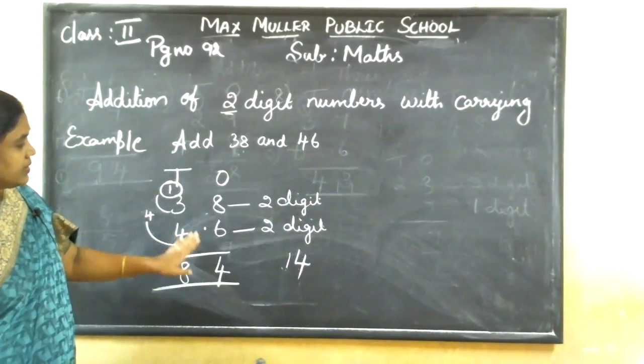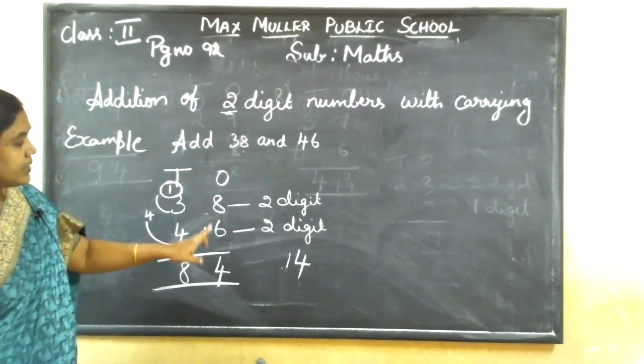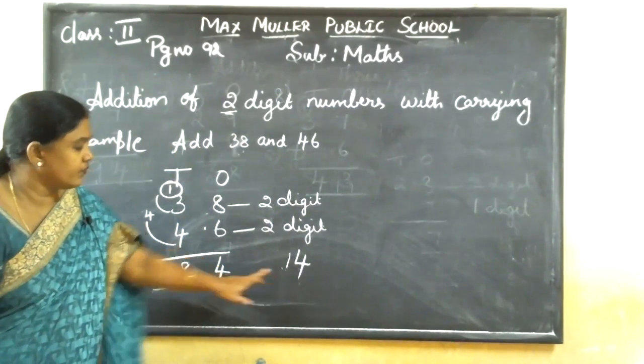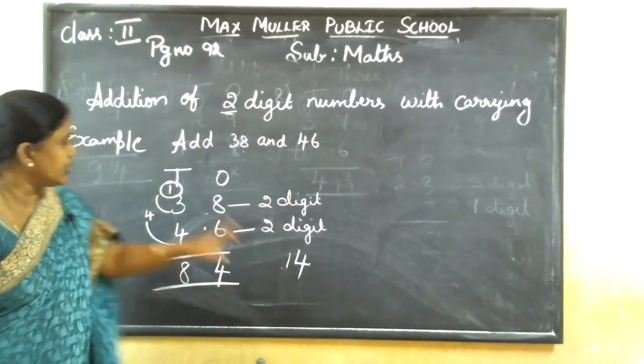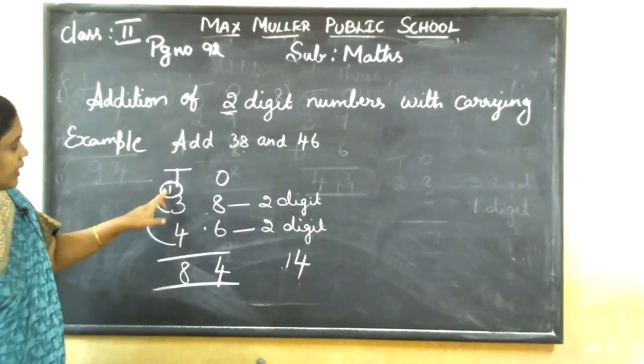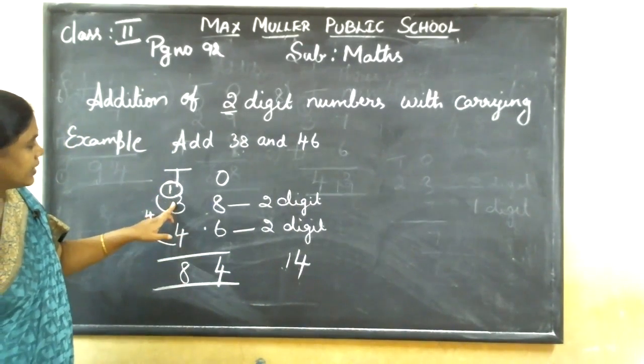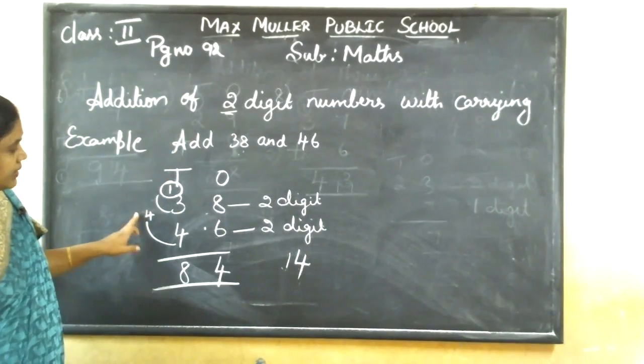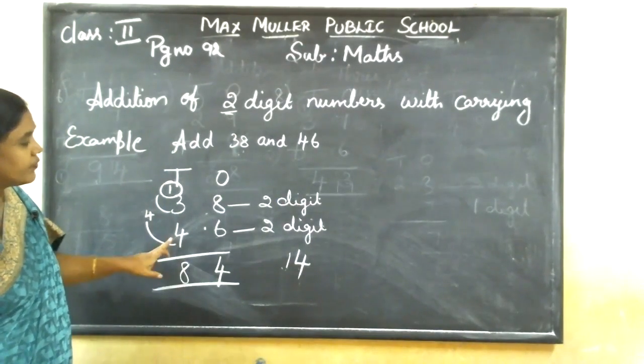See, here also two digits, here also two digits. 8 plus 6 will get 14. 14, 4 you will write here, 1 you will carry to tens column. First we will add these two numbers, 1 plus 3 we will get 4. After that these two numbers we will add, 4 plus 4, 8.